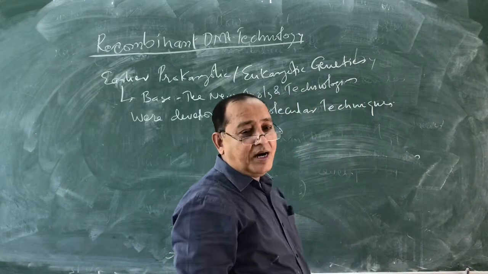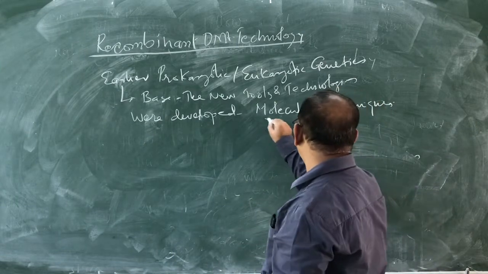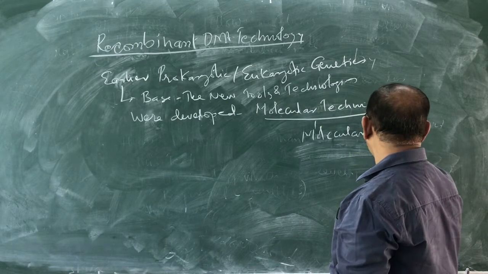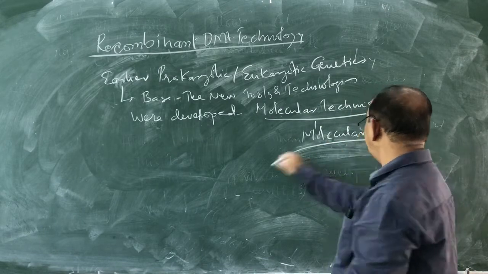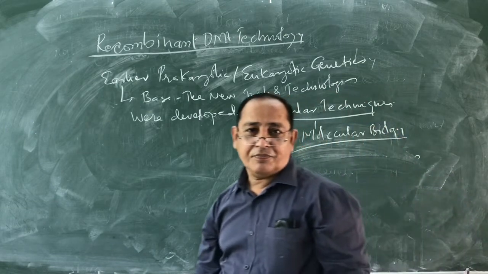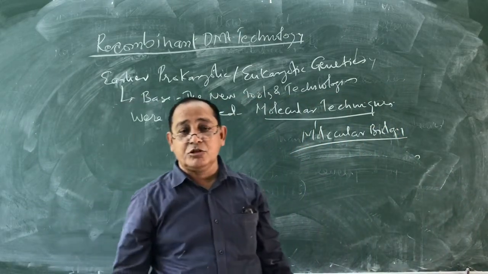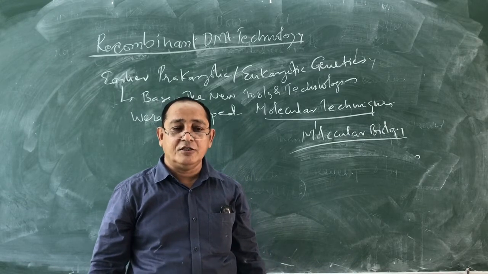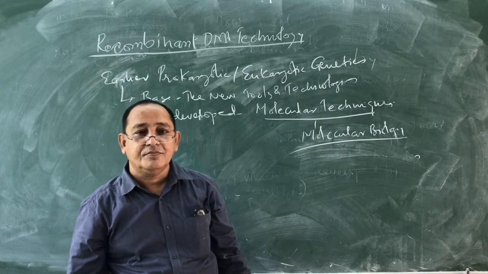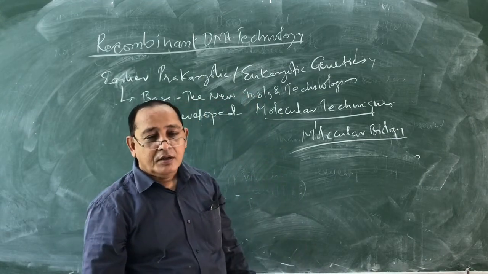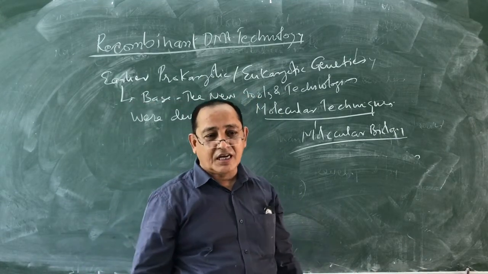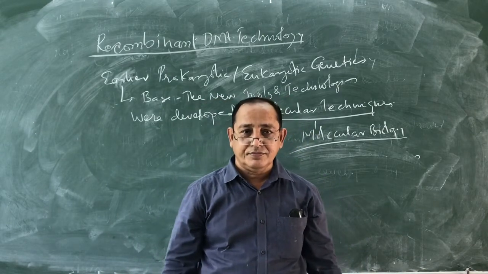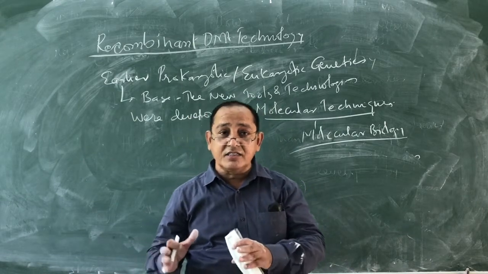After this, molecular biology developed. It means when you study the DNA molecules, micro and macro molecules in a plant cell, that is called molecular biology. Many technical techniques are involved in it and new techniques are still being added.